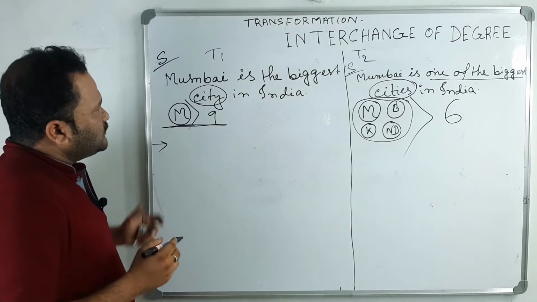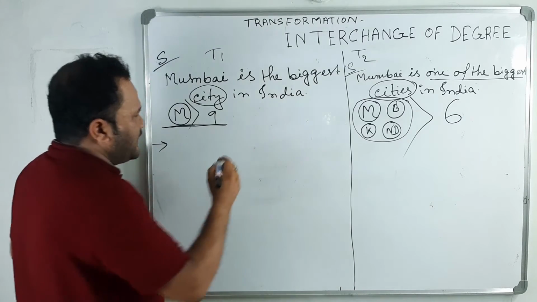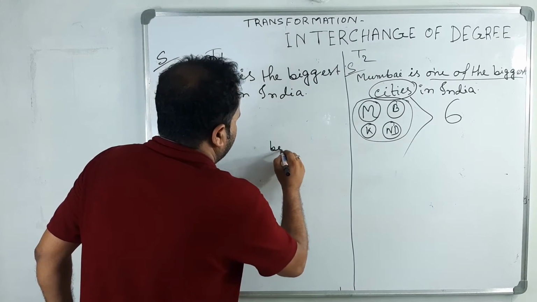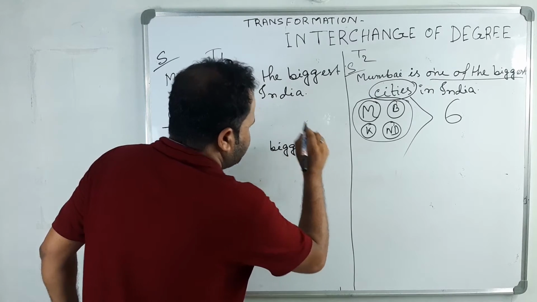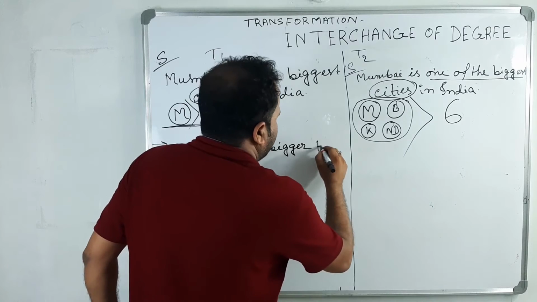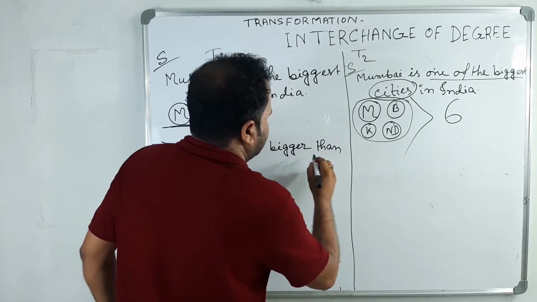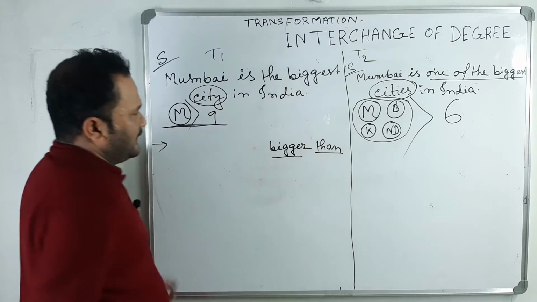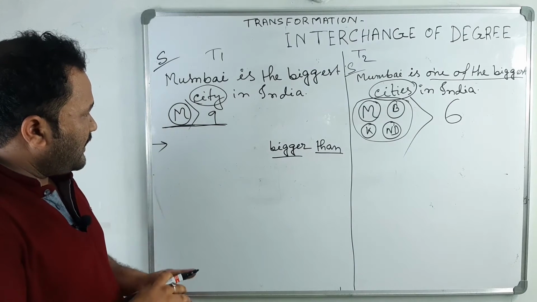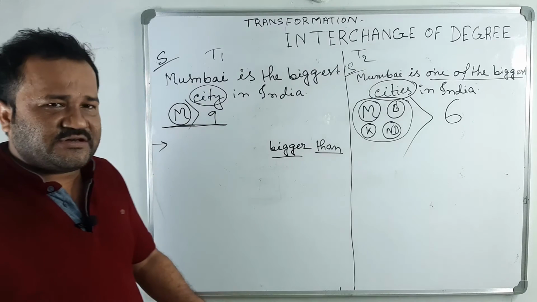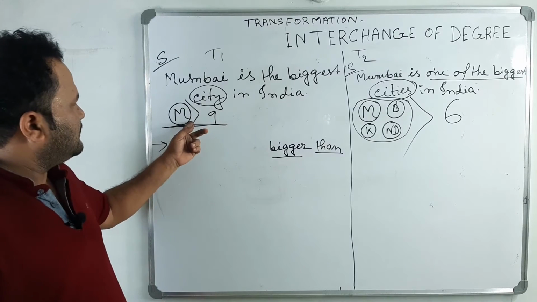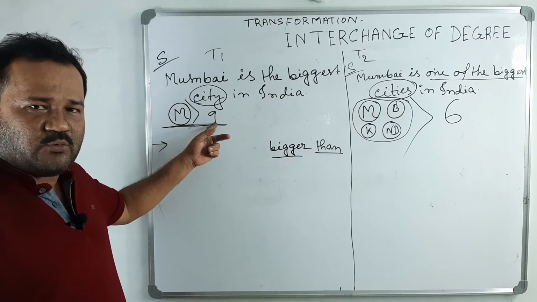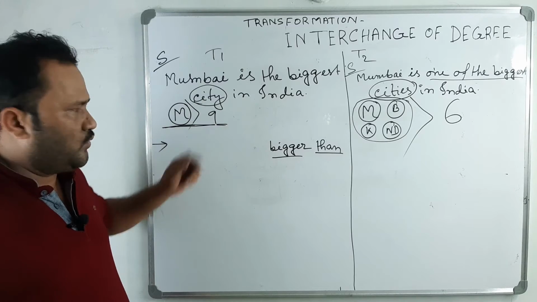When we write comparative degree, the comparative degree of big is bigger, and then than. Bigger than. Is there any city which is bigger than Mumbai? No.